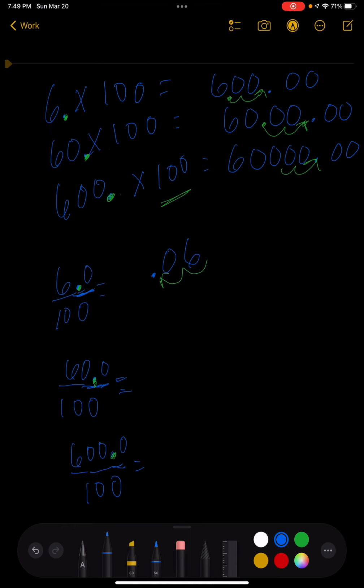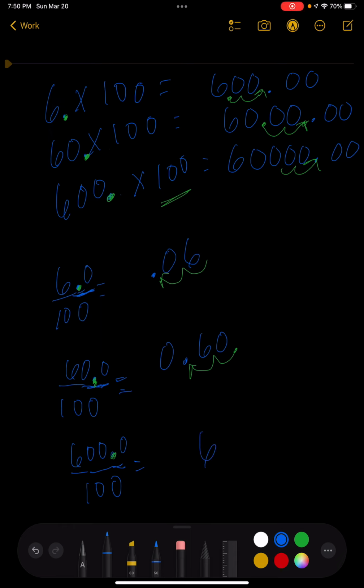60 divided by 100. It was over here after the 60. Not here anymore. Now it's over there. That's 2 to the left again. Okay, last one. 600 divided by 6. Oh my goodness. 600 divided by 100.